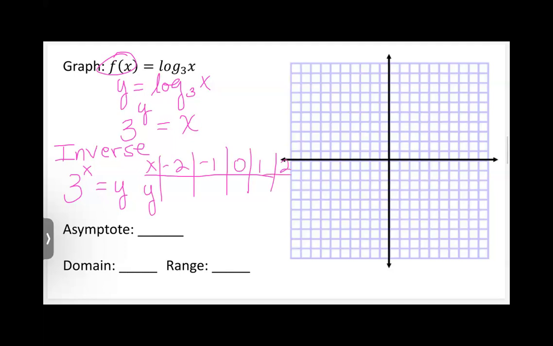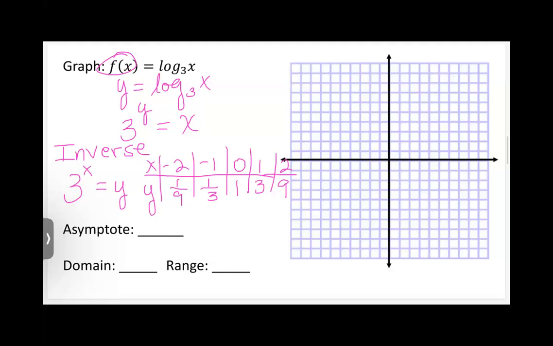And then if we plug these in, 3 to the -2 is 1/9. 3 to the -1 is 1/3. 3 to the 0 is 1. Anything to the 0 is 1. And then 3 to the first is 3. 3 squared is 9.